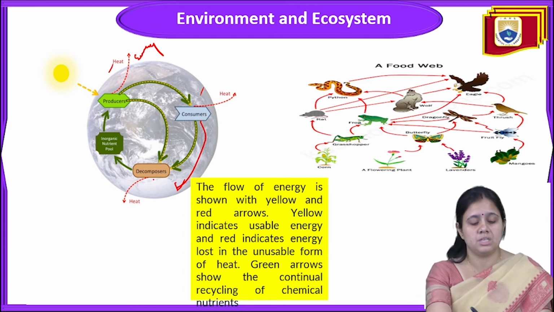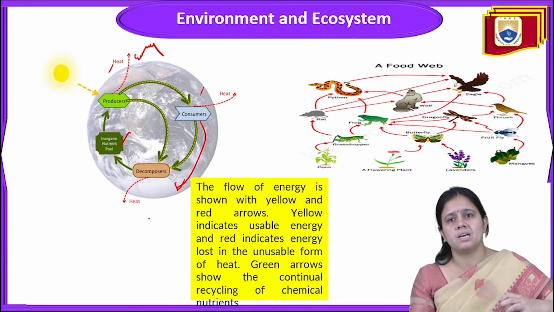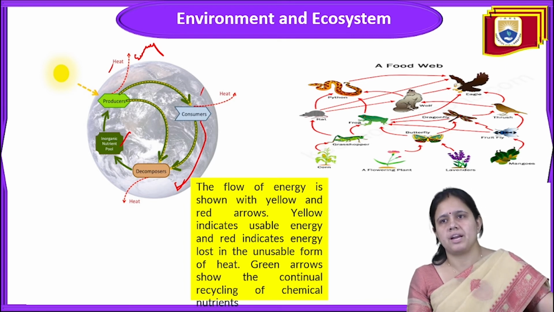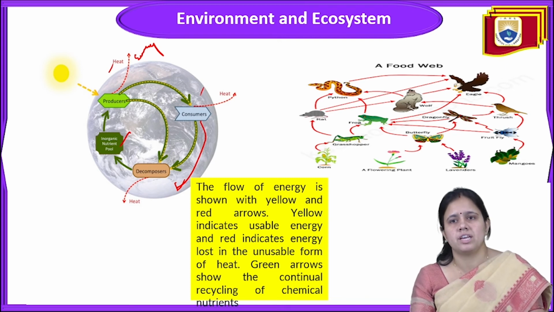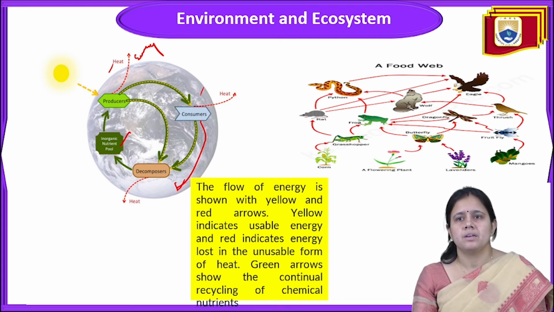Then from the decomposer, the inorganic nutrient pool is there. The decomposer will decompose and bring those inorganic nutrients again into the atmosphere. You can see that the flow of energy is shown with yellow and red color. Yellow indicates usable energy, and red indicates energy lost in the unstable form of heat.